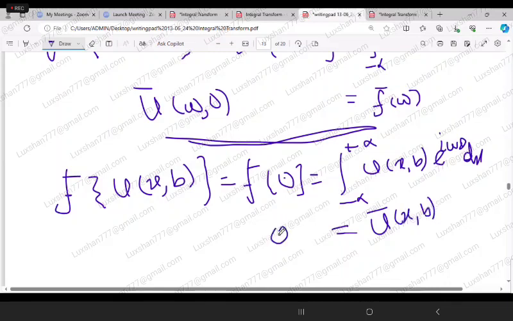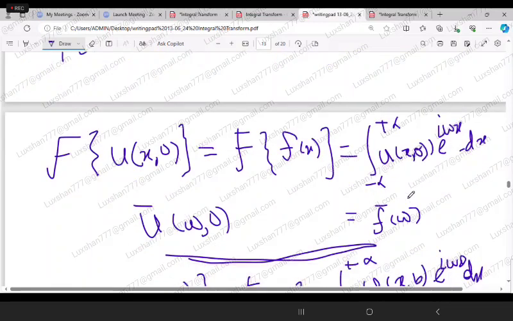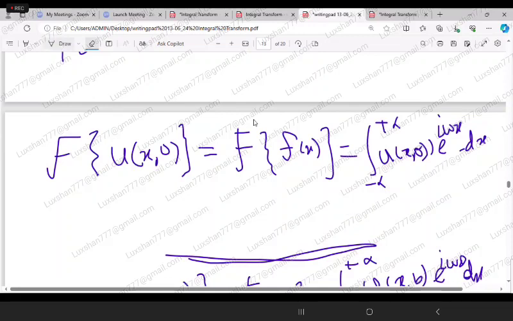This is equal to 0. So if you want, you can write this also here. So you can say that this is equal to u bar. So now you have found this.